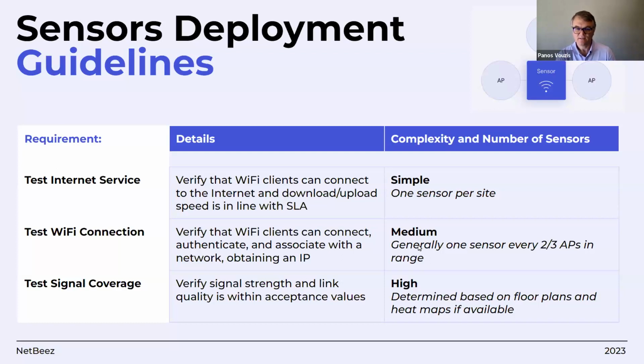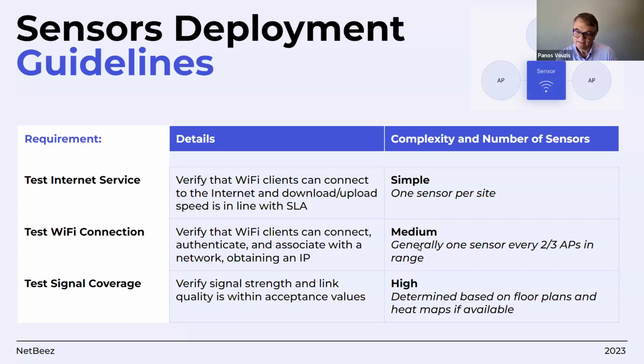And get some basic information about bandwidth performance, like download and upload metrics. This is, I would say, the most basic thing. You would need one sensor, let's say, per site, just to understand that your Wi-Fi is up and get those metrics on the dashboard. Then you're going to go a little bit further and be a little more surgical with information like authentication, association, right?